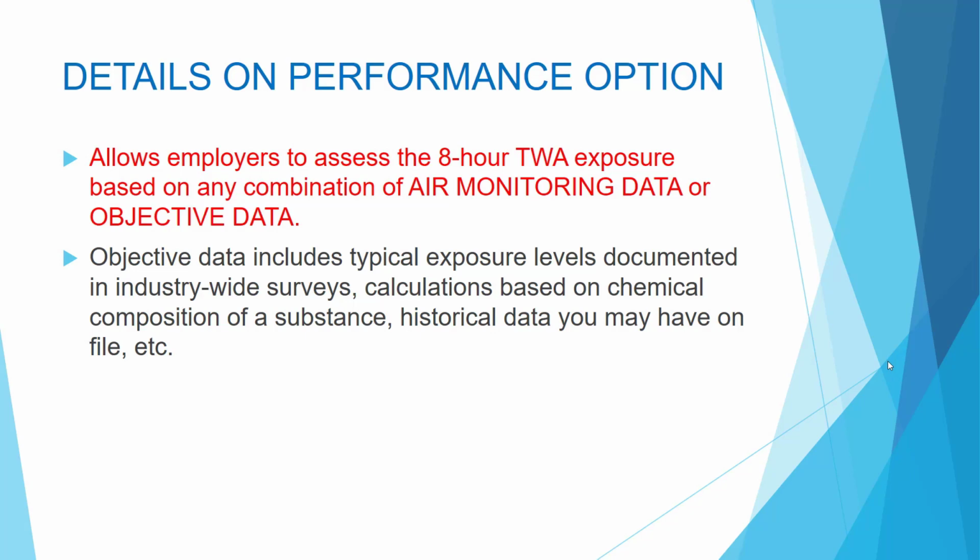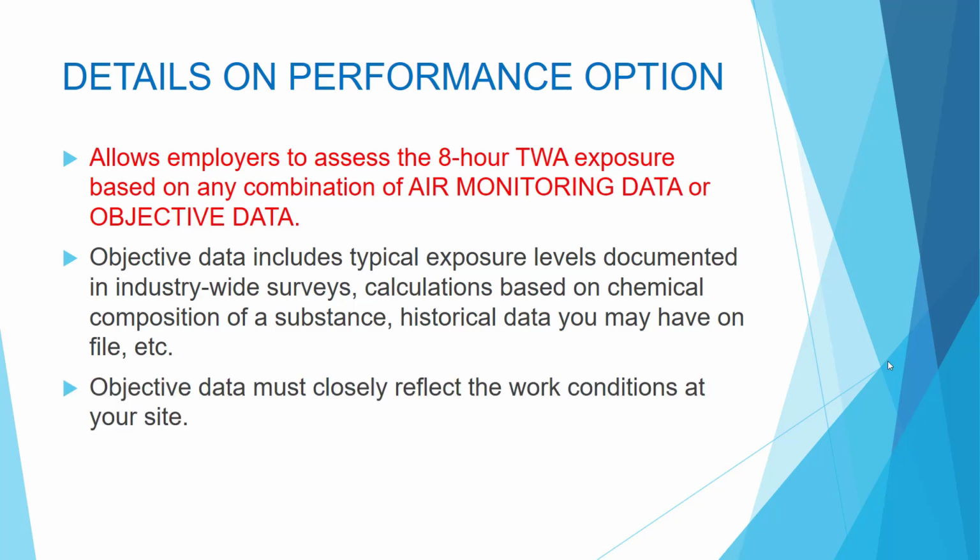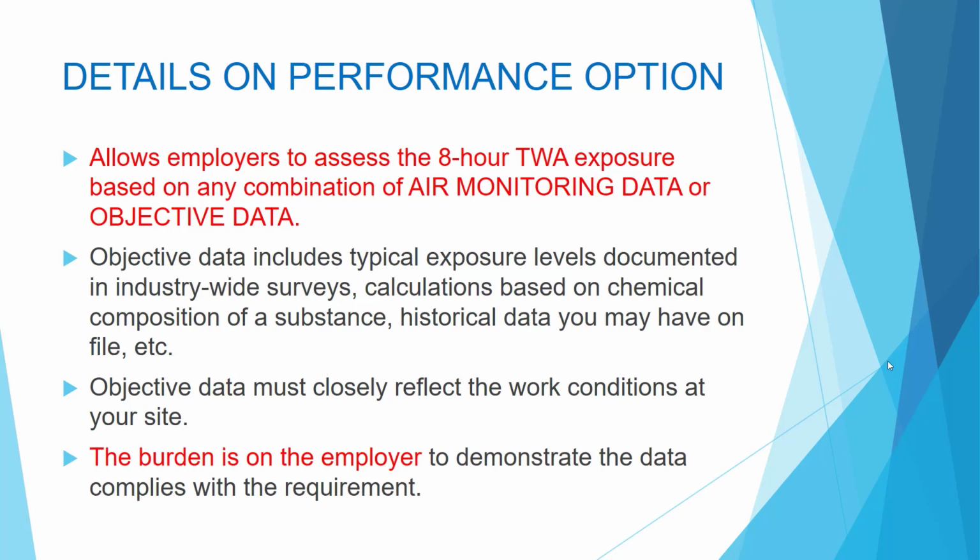It also includes historical data that you may have on file for specific tasks. Keep in mind that objective data must closely reflect the work conditions at your site. And the burden is on the employer to demonstrate that any objective data being used complies with this requirement.